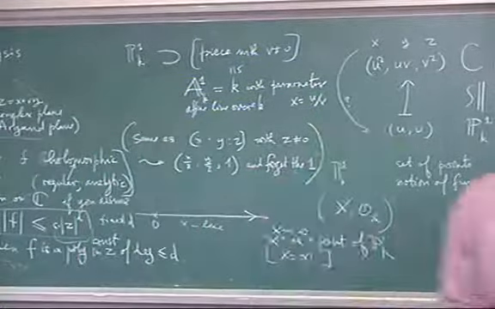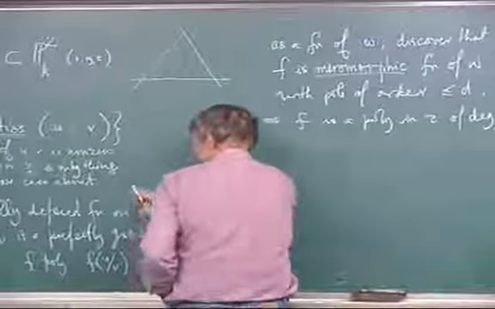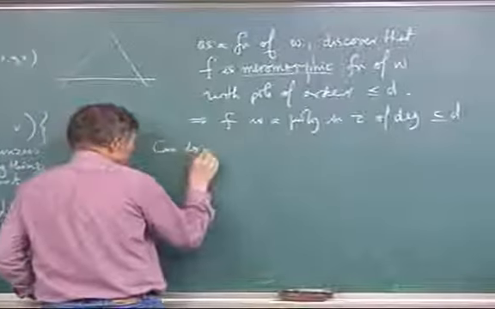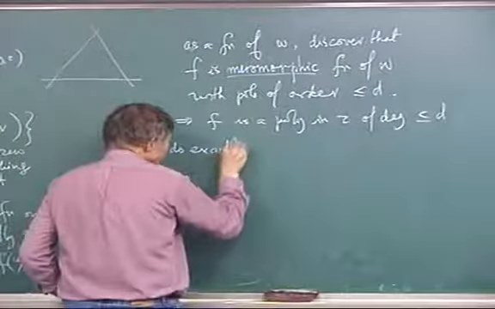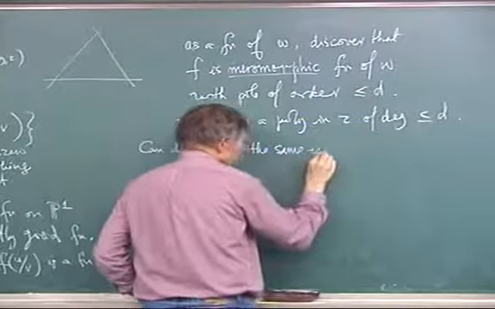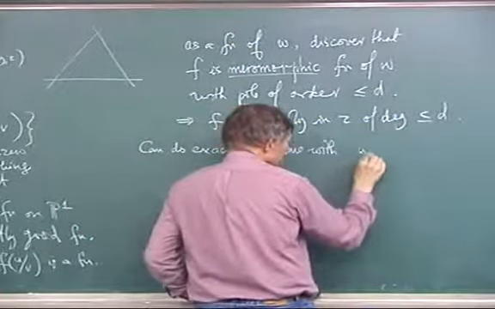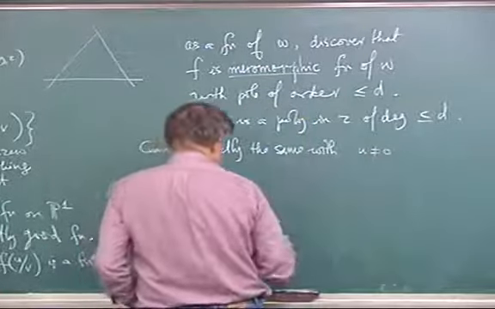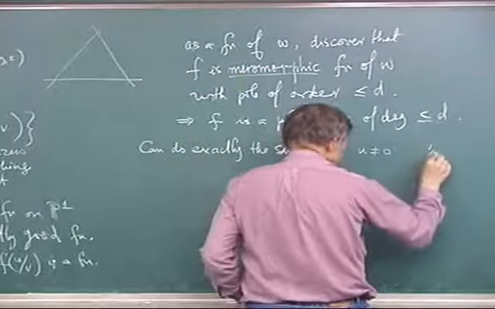So I can do exactly the same, of course. The same with u not equal to 0. And then I have v over u.